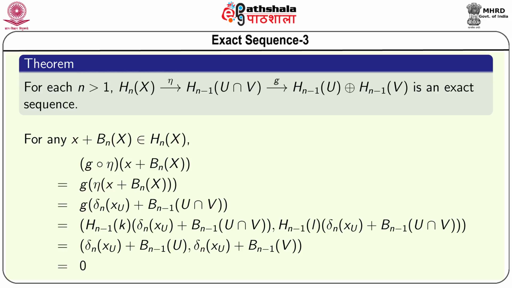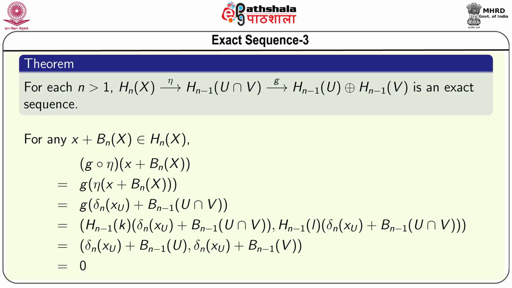G of ∂_n x_u + B_{n-1}(U ∩ V), where x_u is the thing that we have mentioned earlier, that is the component of x within C_n(U), which is added with another component x_v of C_n(V) to give an element homologous to x.